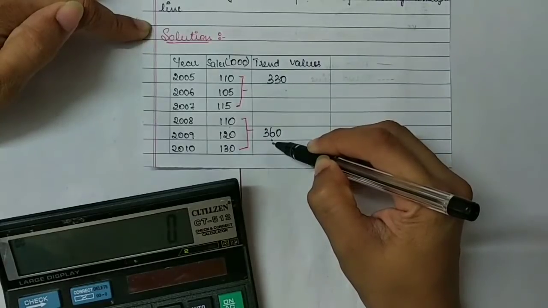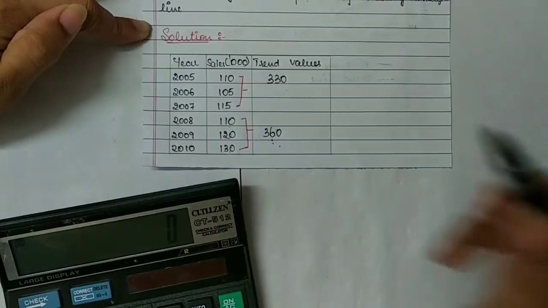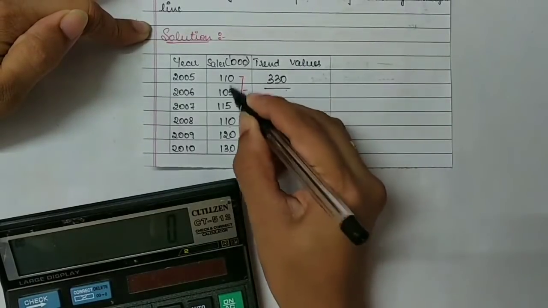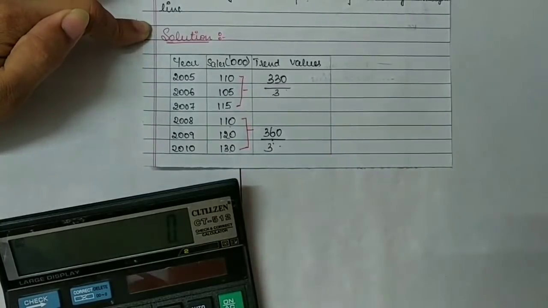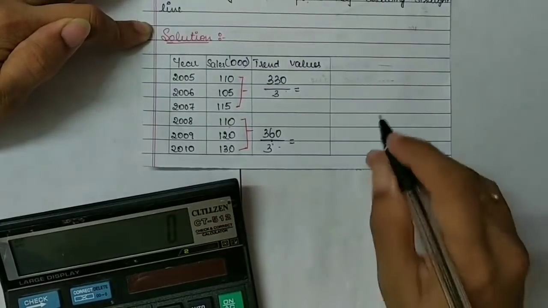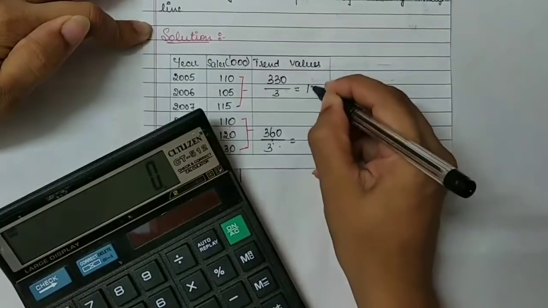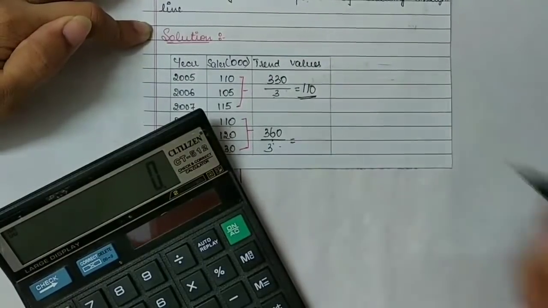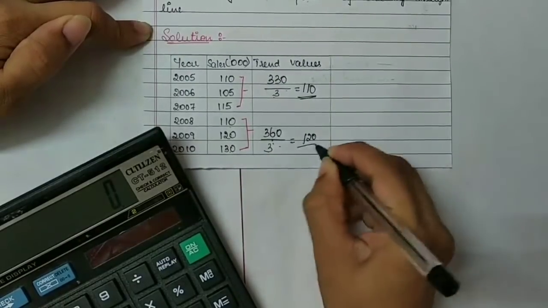Next, averages of both the parts are calculated. How to calculate the average now? Divided by 3 here, and here also divided by 3. So 330 divided by 3 is 110, and 360 divided by 3 is 120.